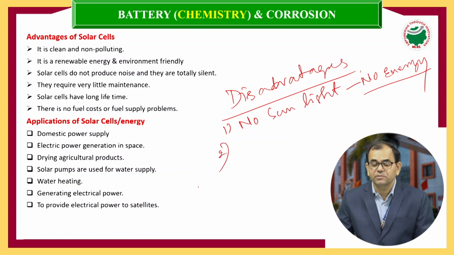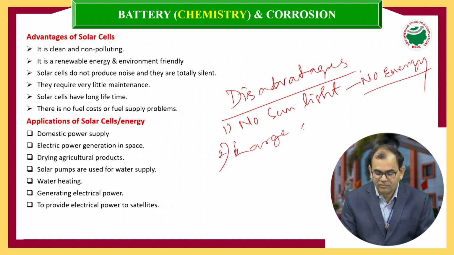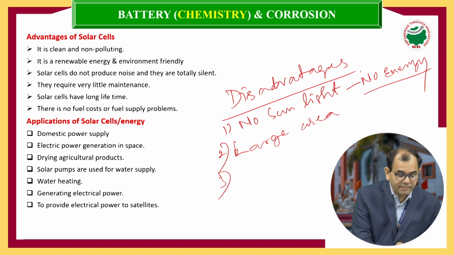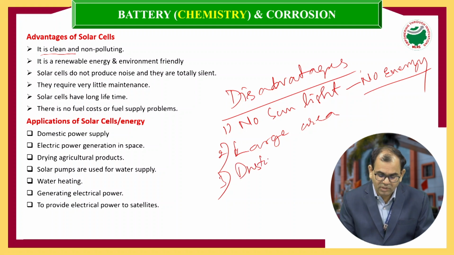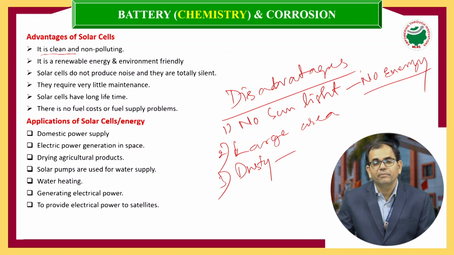Second disadvantage, to fix the solar cell panels, it needs a large surface, large area. And third disadvantage, as mentioned in the advantages, it should be clean. If the solar panel is dusty or dirty, the photovoltaic effect doesn't happen and energy will not be generated through these solar cells.